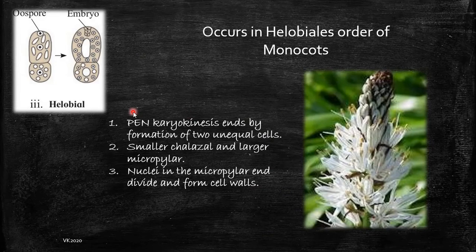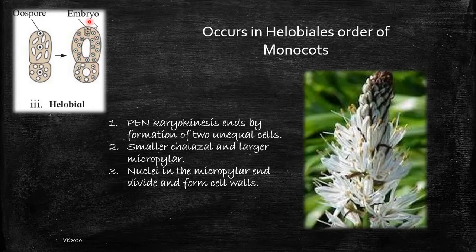Then we have the helobial endosperm type. In helobial, the first division is transverse, and it ends with the formation of two unequal cells. This is the chalazal end, and this is the micropylar end, on the side where the embryo is formed. On the micropylar end you have the larger cell, whereas on the chalazal end you have the smaller cell. The cell on the micropylar end will start dividing and redividing and will start forming cell walls.